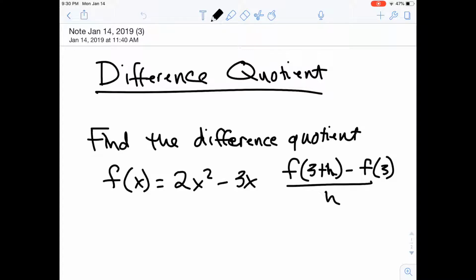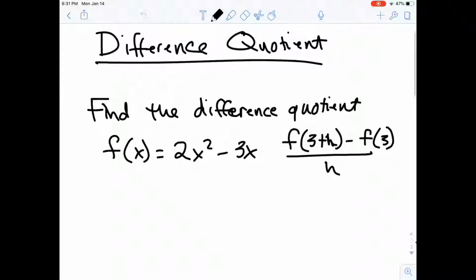You're going to take whatever you got from f of 3 plus h and subtract whatever you got from f of 3. And then once you've done that, you're going to divide it all by h. And you can factor and pull some stuff out and cancel, and you'll get your answer. That's a really wordy way of what you're doing.